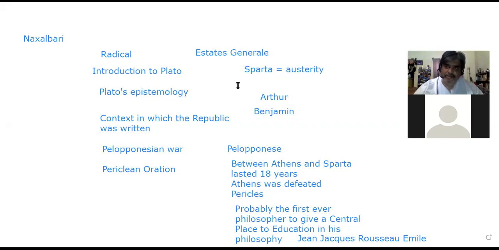Do you know what it originally means? Benjamin is not a very common Christian name. It's more of a Jewish name. It is there among Christians as well. We had a colleague called Dr. Benjamin, and I used to tell him, "You are neither a doctor nor a Benjamin."